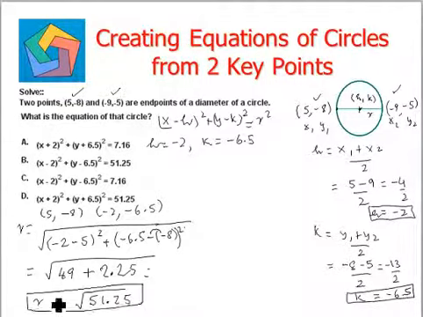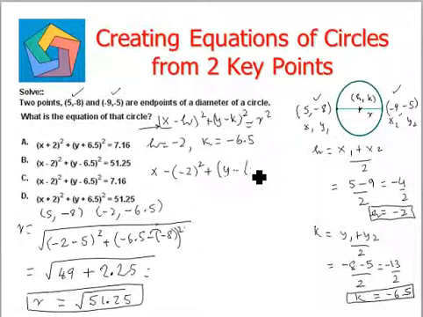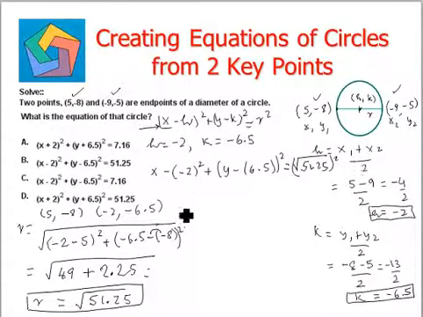Now we can plug in the equation of the circle, that is x minus negative 2 whole squared plus y minus negative 6.5 whole squared equals square root of 51.25 whole squared. Put in the parentheses.